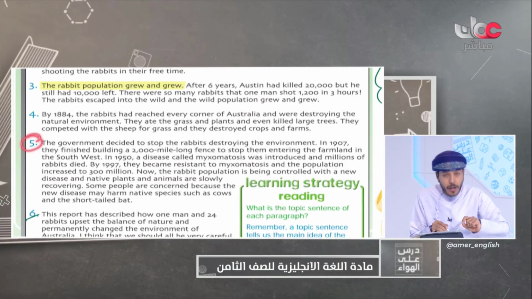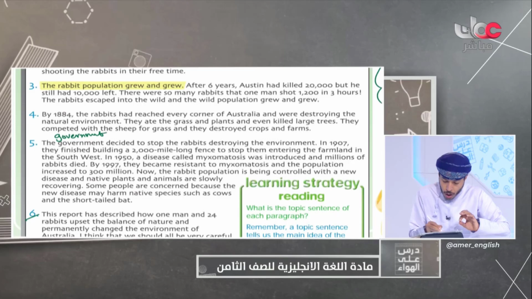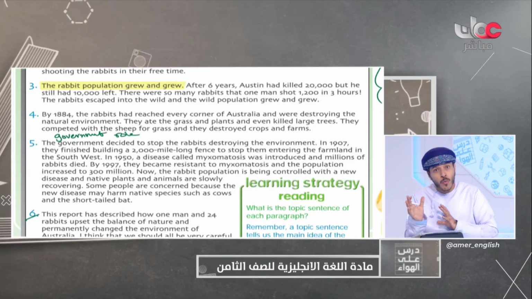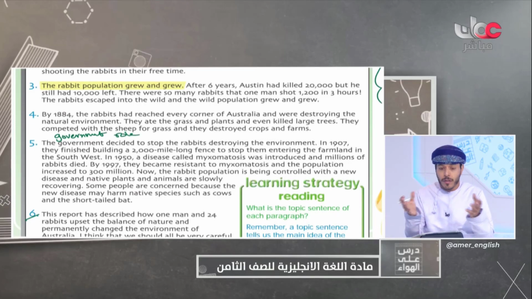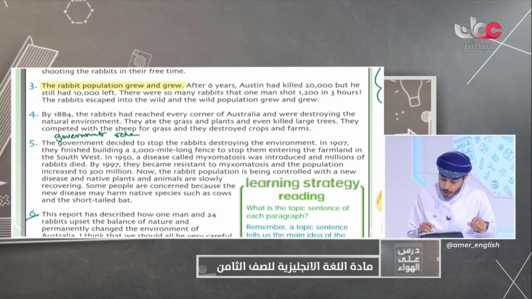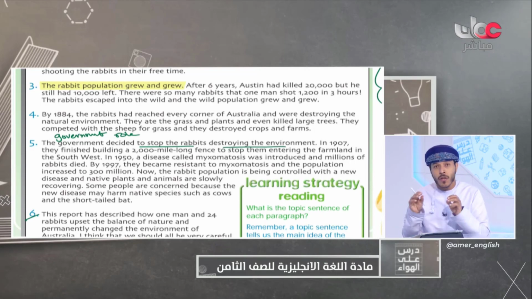And in paragraph number 5, look at it: the government decided to stop. Okay, so here we are talking about the government's role towards these wild rabbits, to stop the rabbits destroying the environment, because the rabbits started to destroy the environment.